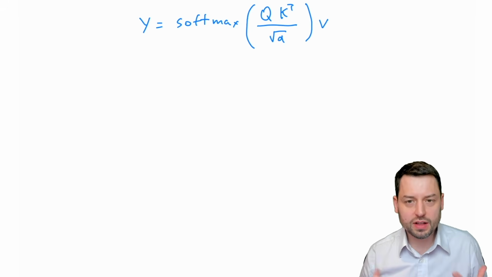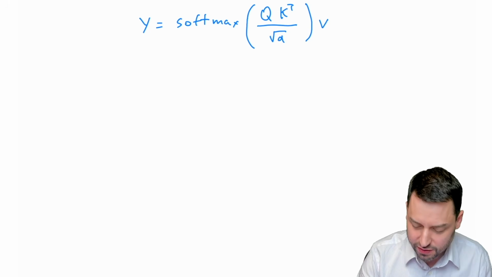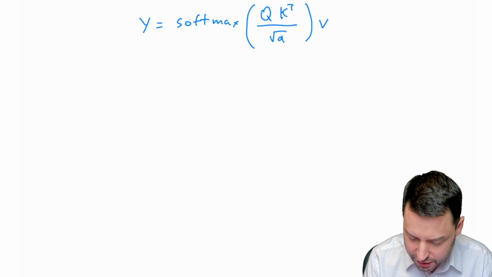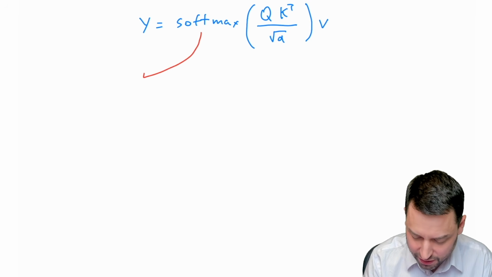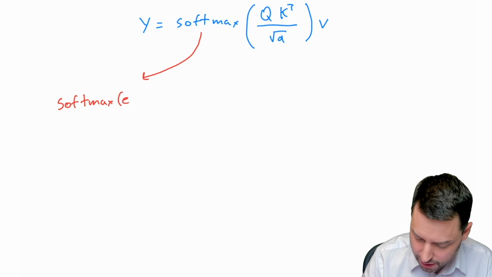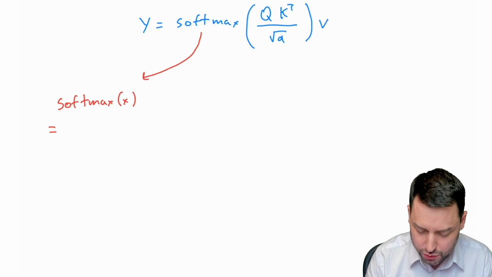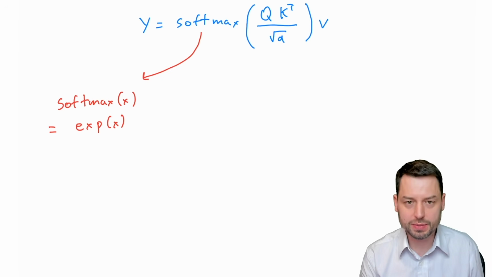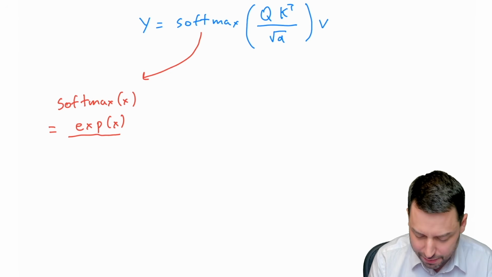And I want to define a few more things here just to make this very explicit. So the first thing I'll say is remember what this softmax is. So the softmax operation, say for just a vector x, I'll write it like this. This is just equal to the exponentiation of x. So we exponentiate every element of x, and then we divide by its sum.